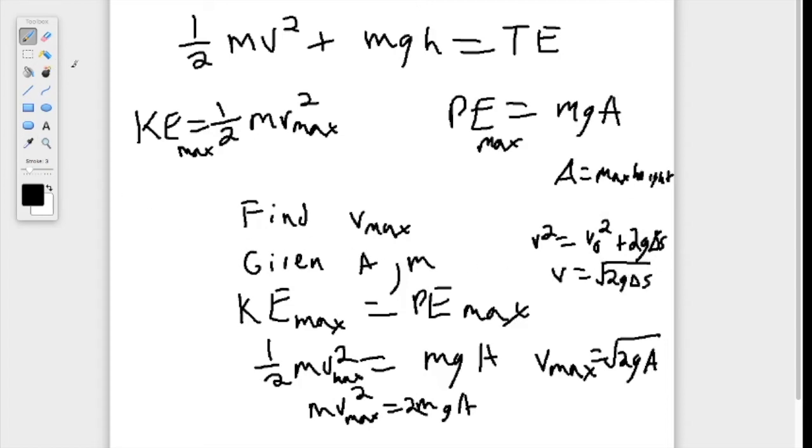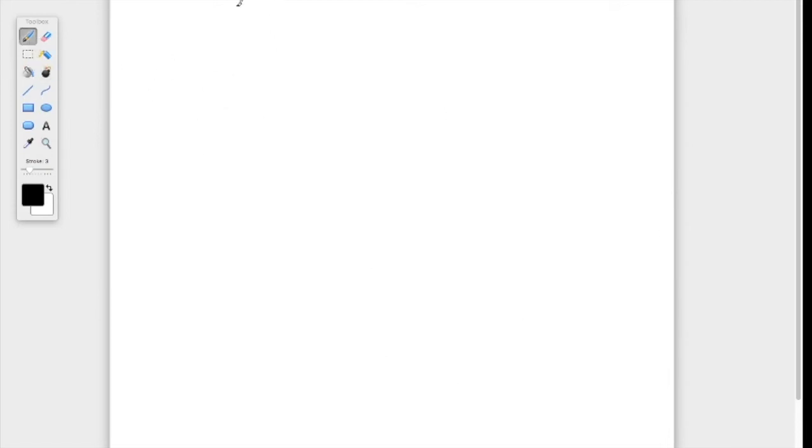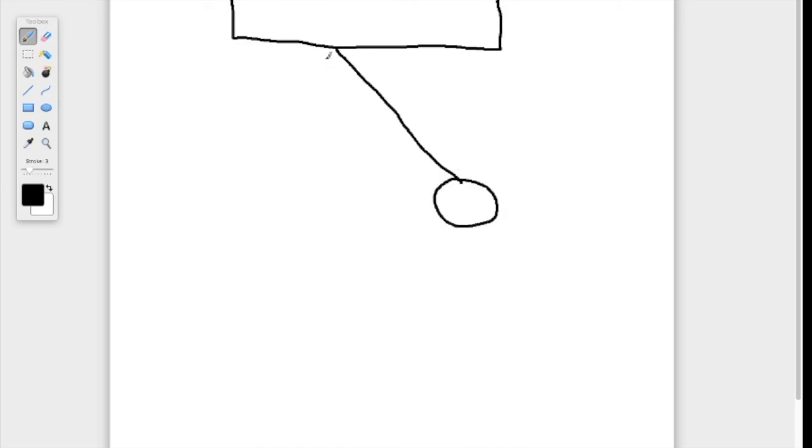Yeah. So if we were to draw this on a diagram of where the energy is at certain points, here's our pendulum. Let's have a point where it's at its max height, and a point where it's at its lowest point.